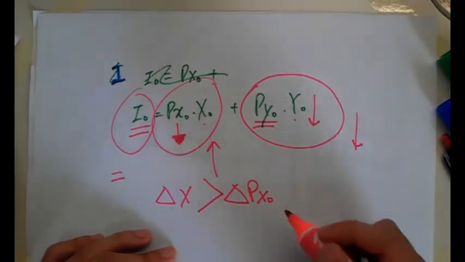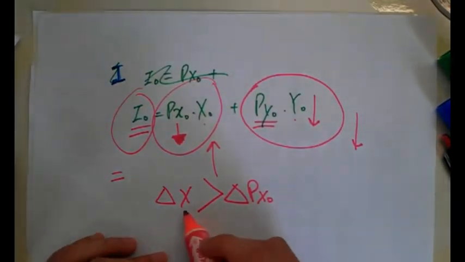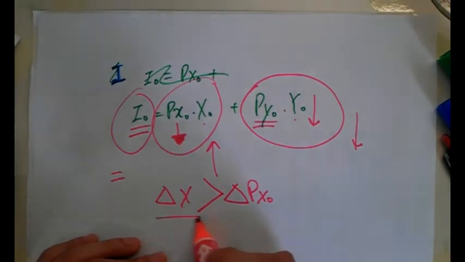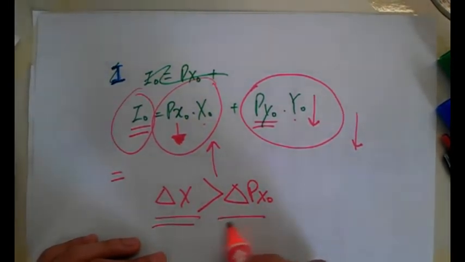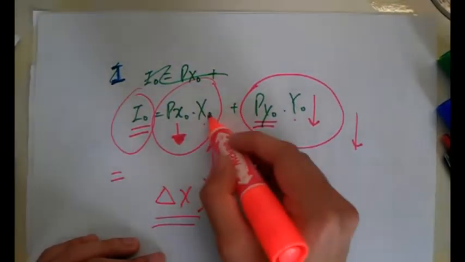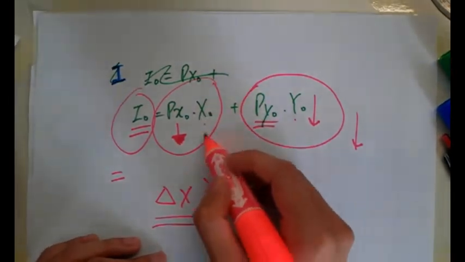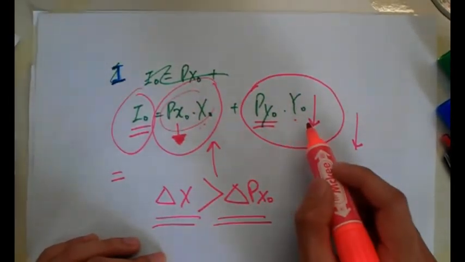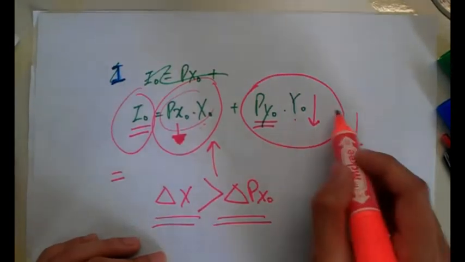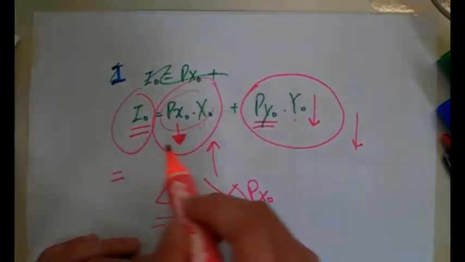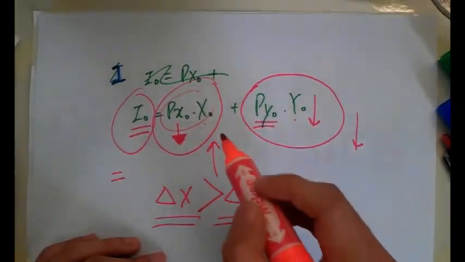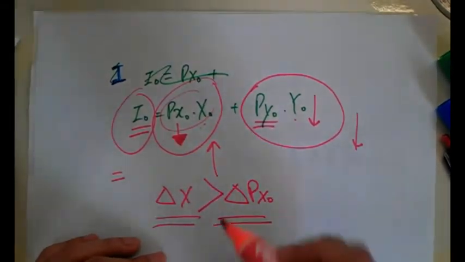This is the quantity change and this is the price change. The quantity of x must change by more than the price in order for the whole thing to equal I naught.